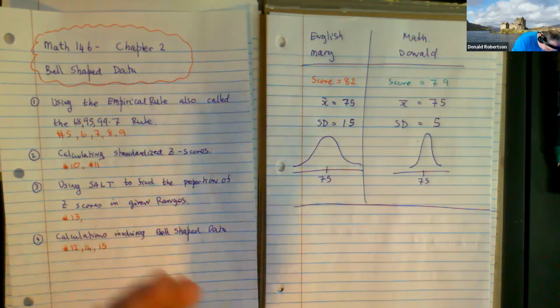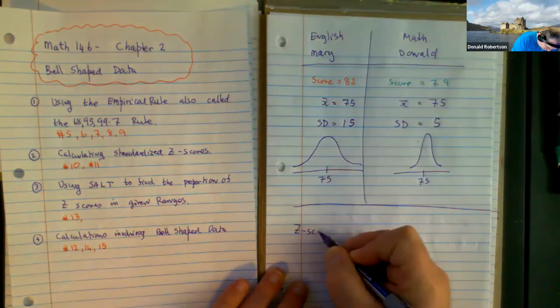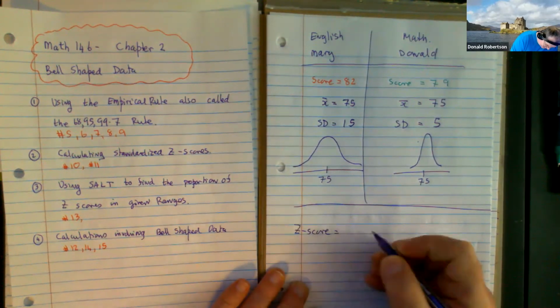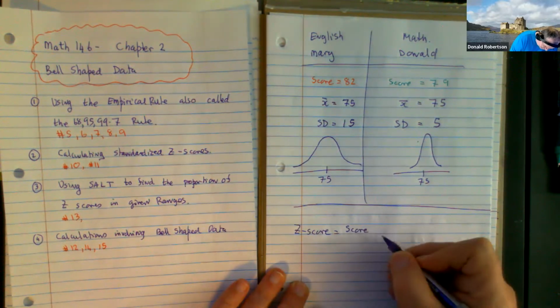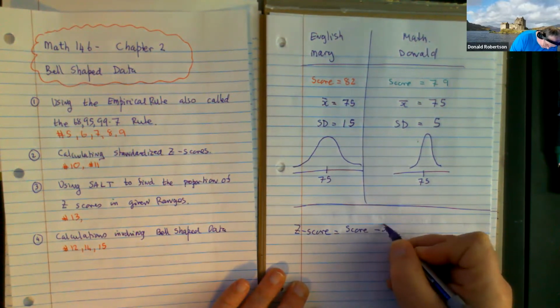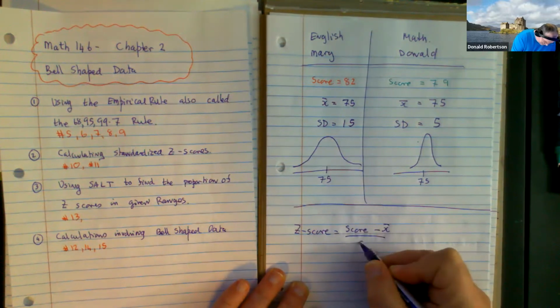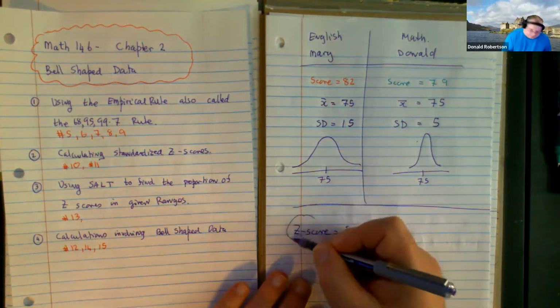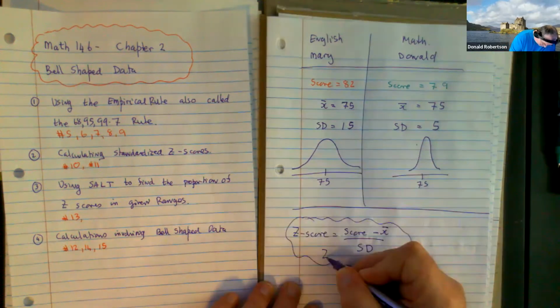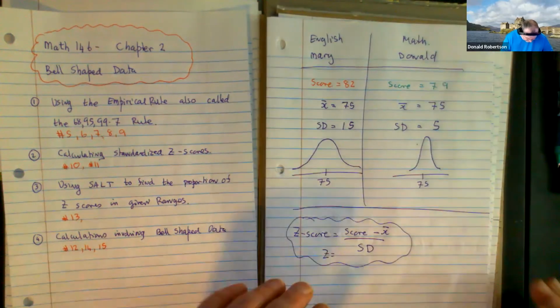And to calculate the Z-score, you use the following formula. It's the real data, right, the score you got, take away the mean, divided by the standard deviation. And that we call the Z-score, right? Very often it's just called Z equals, but I like Z-score, so I'm going to use it.